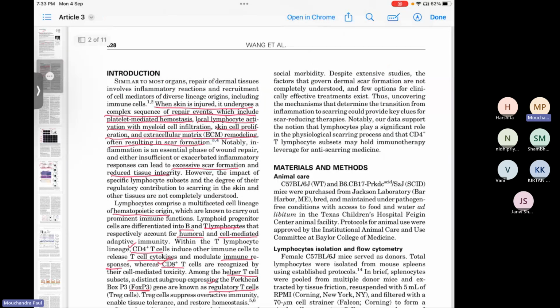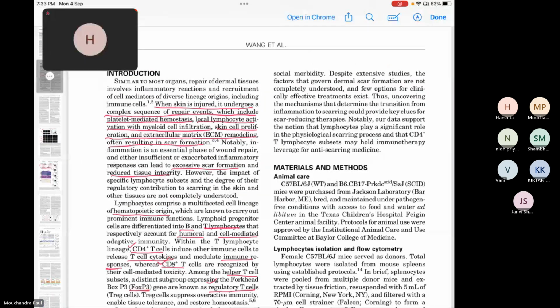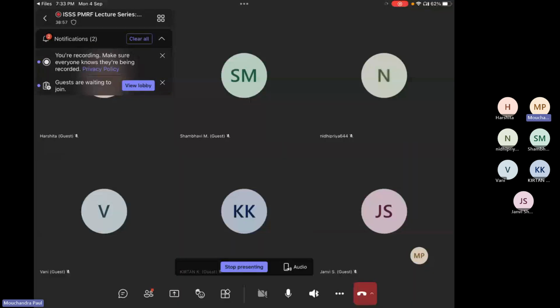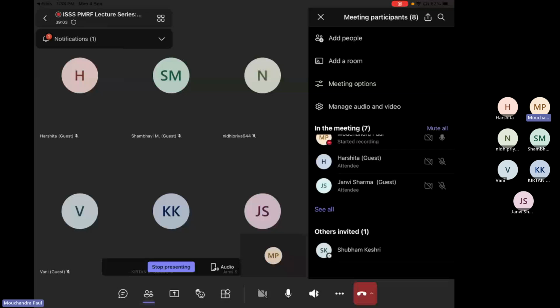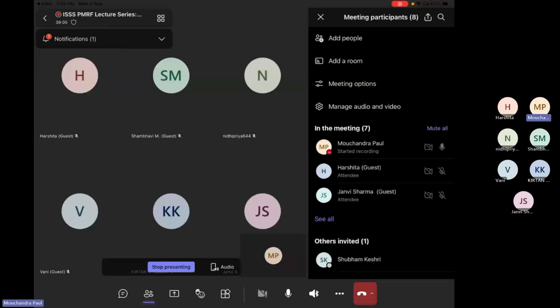I'm not audible. Am I audible? Yes, ma'am. Sorry. Vaishnavi was trying to enter. I mistakenly declined. Can you ask her to join again?